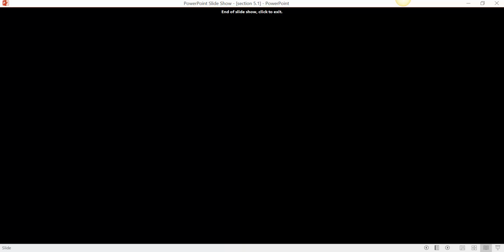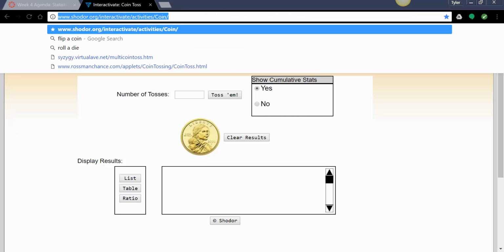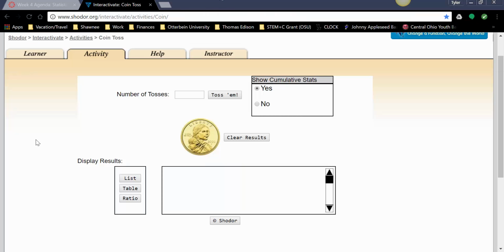All right. One thing I would like to do is show you this website, which I posted as a resource for this section on Canvas. It's a pretty cool website, a way to generate coin tosses. For example, if I don't want to toss 100 coins, I can use this random simulation to model that for me. I can put in 100 and click toss them.